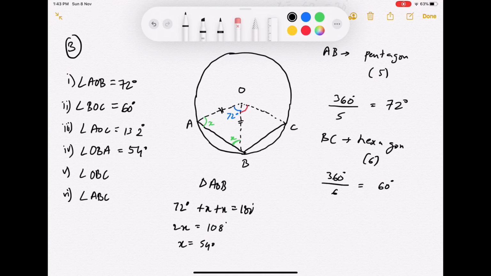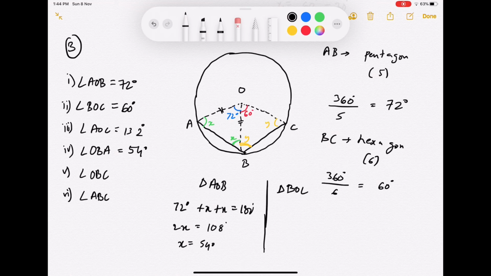Then the next angle is angle OBC. Where is angle OBC? It is over here. So again, similar to how we found the previous angle, if I focus on triangle BOC now, and I know that angle BOC is equal to 60 degrees over here, and if I assume that angle OBC is y, angle OCB is also y.